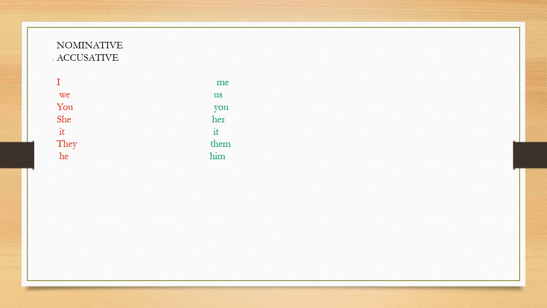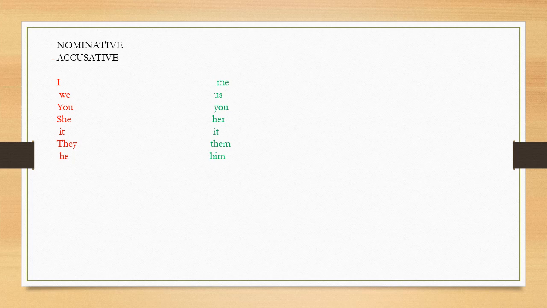When I say "She wrote a letter," "she" is the nominative case. I change it into the accusative case in the passive voice: a letter was written by her. So we use the accusative case in the passive voice.